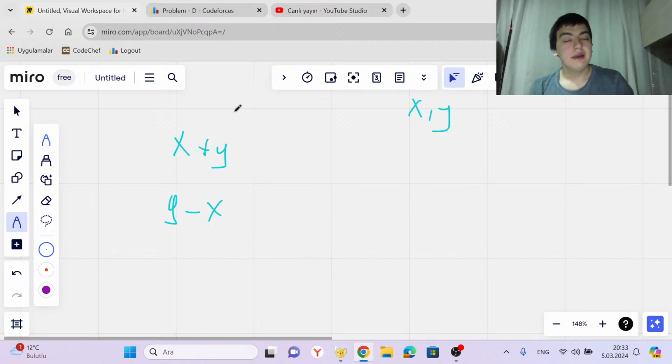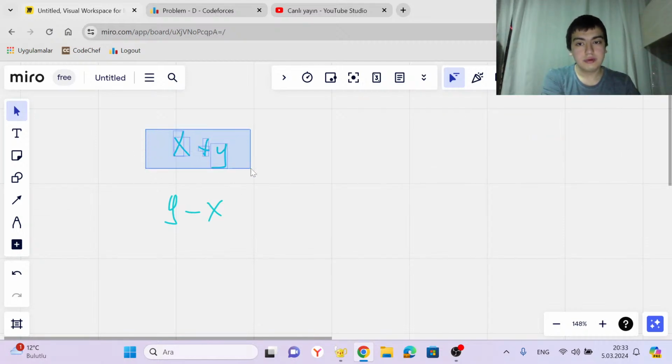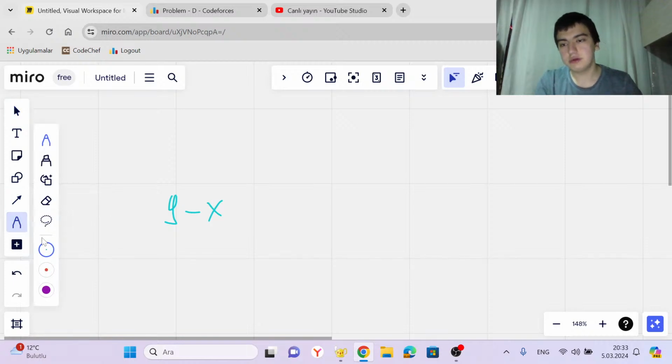So if we choose x1, y1 and x2, y2, either their sum will be different or their difference will be different.